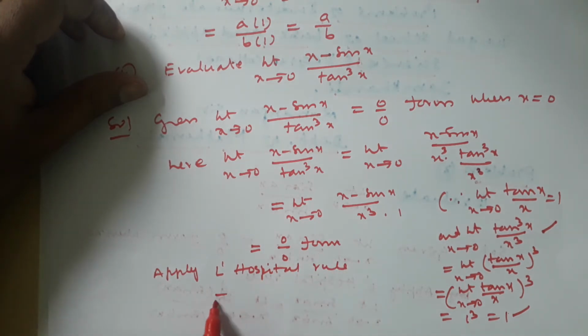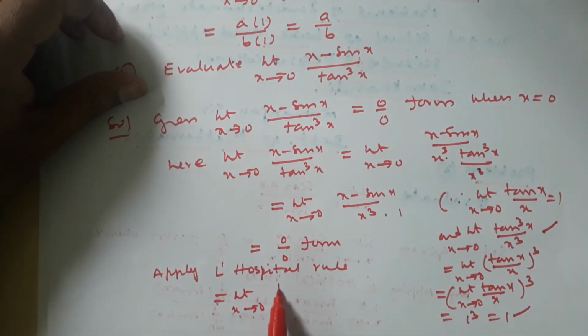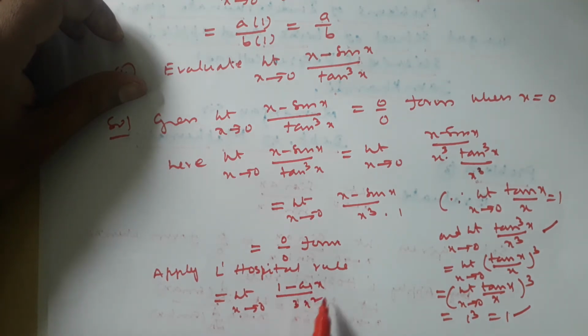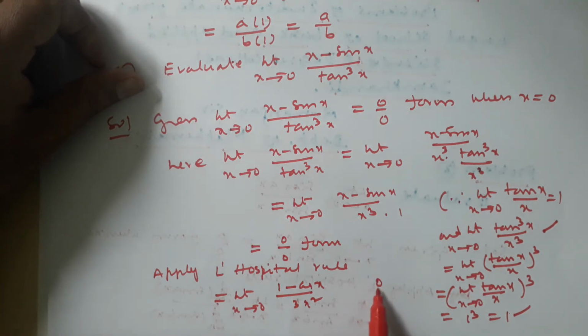So that is equal to limit x tends to 0, differentiate the numerator, it is 1 minus cos x divided by 3x square. Again 0 by 0 form, so apply L'Hospital.